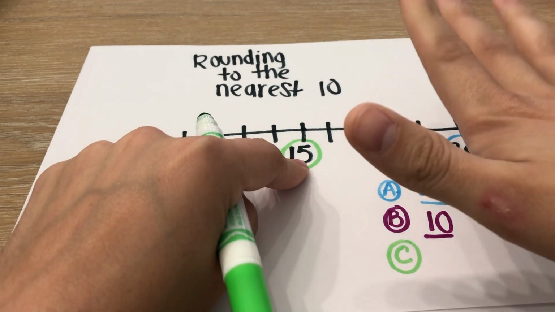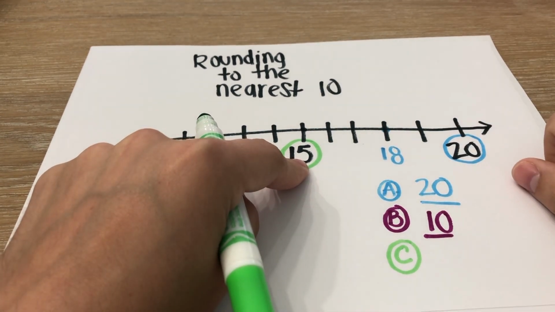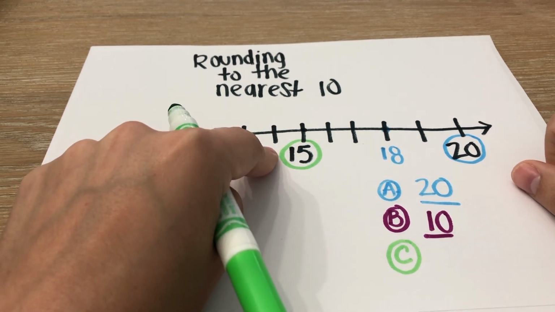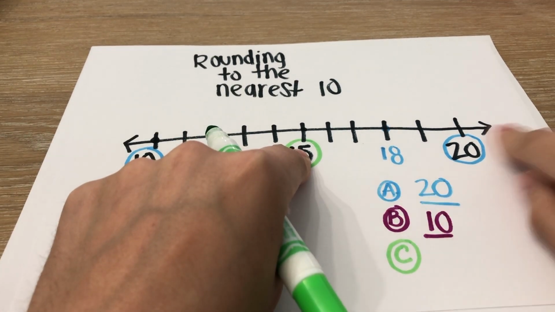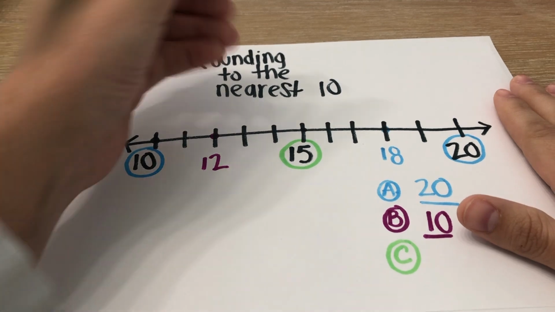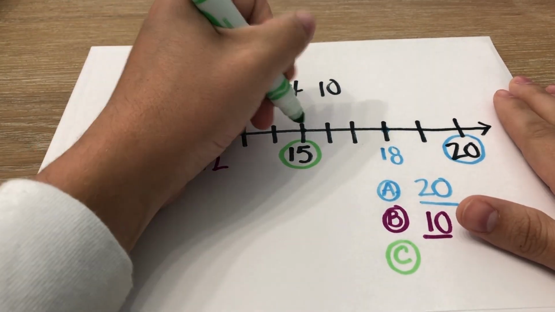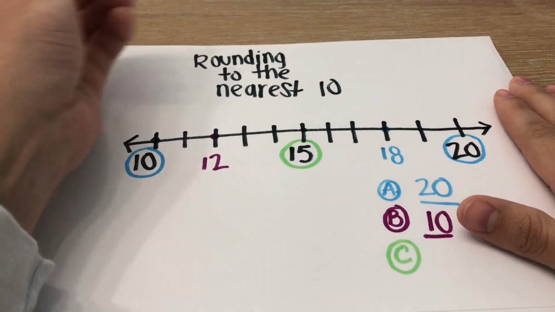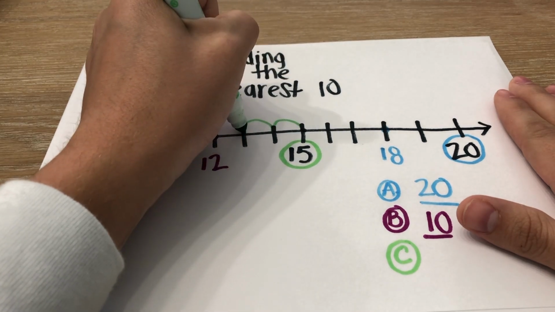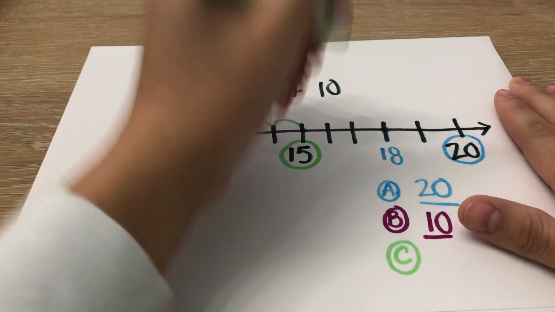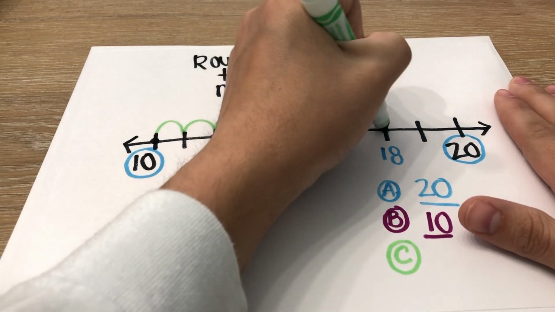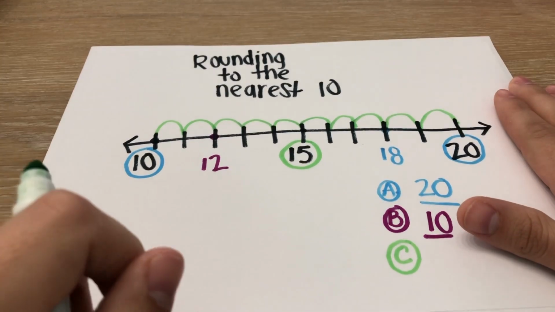So remember, put your 5 high to the sky. 4 to the floor. 5 to the sky. Now, I understand that 15 really is 1, 2, 3, 4, 5 spaces away from 10, and it's 1, 2, 3, 4, 5 spaces away from 20.